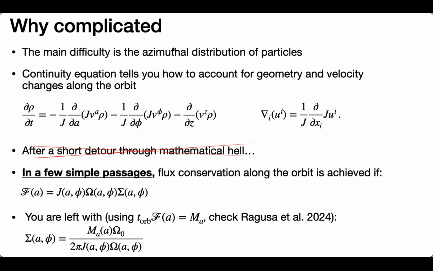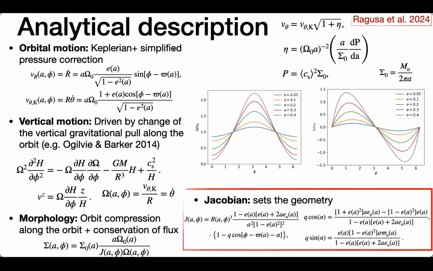But the expression of this flux depends on the Jacobian, this beast here. So when you want to initialize an eccentric disk, you need to account for the radial distribution of mass in the disk, which is a function of the semi-major axis, but also a function of the azimuthal quantity, the true anomaly.